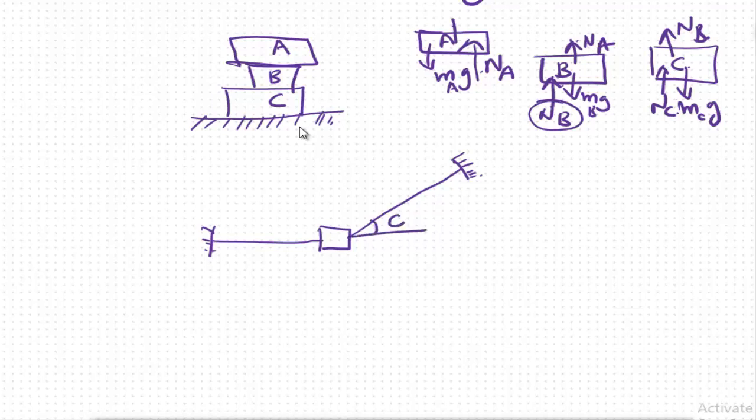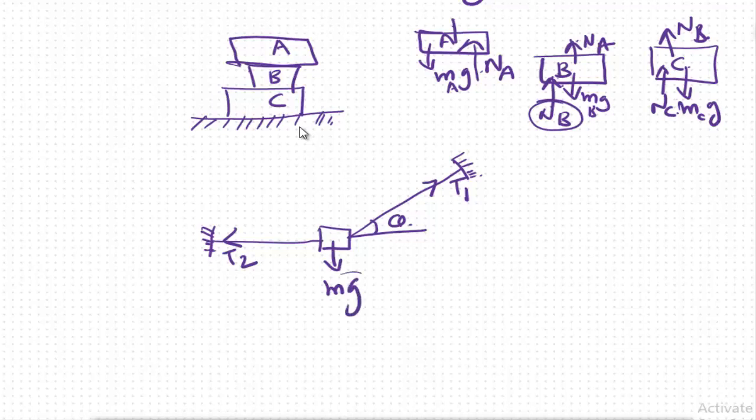This is making an angle theta. All forces acting through the string we represent with a tension. So here it will be acting towards this rigid support, as well as another tension T2 acting towards the other rigid support, and along with that mg is acting downwards.